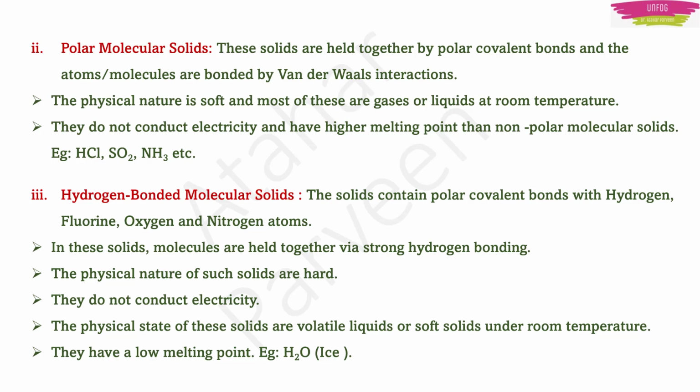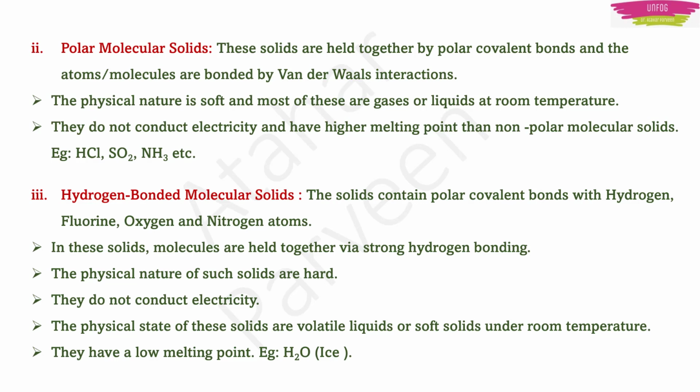Now talking about hydrogen bonded molecular solids. These solids contain polar covalent bonds with hydrogen, fluorine, oxygen, and nitrogen atoms, and molecules are held together through strong hydrogen bonding. Because of this strong hydrogen bonding, it is obvious that these solids will be very hard.